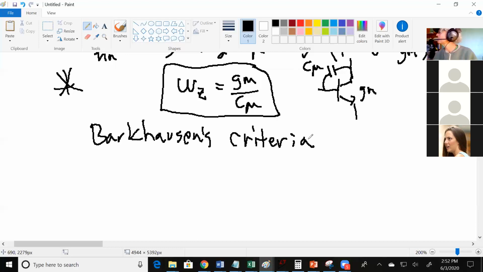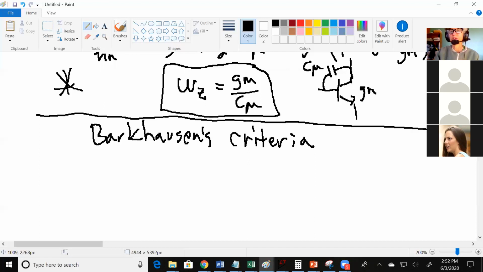So up to here, we've just been talking about poles and zeros in the circuit, and it had nothing to do with feedback. From here down, this is with feedback.